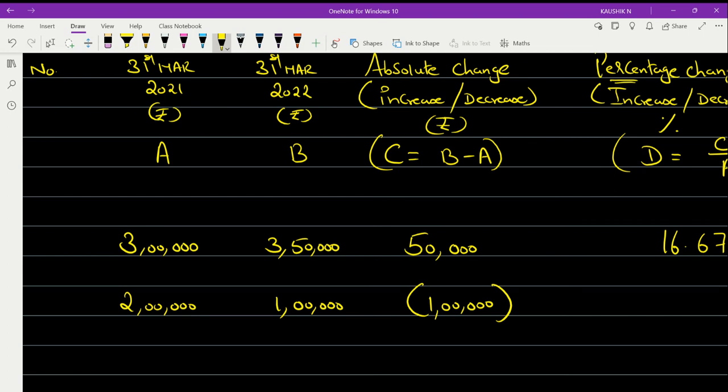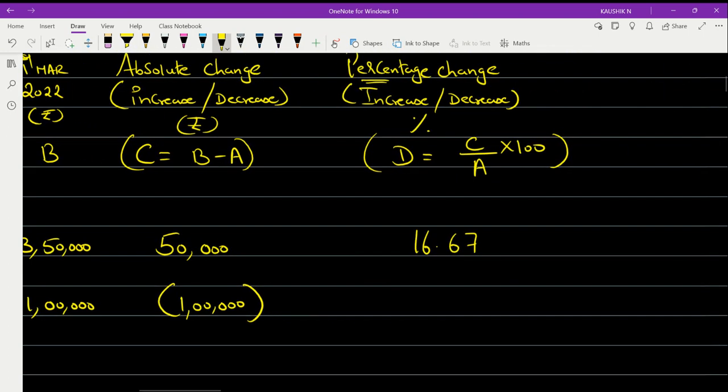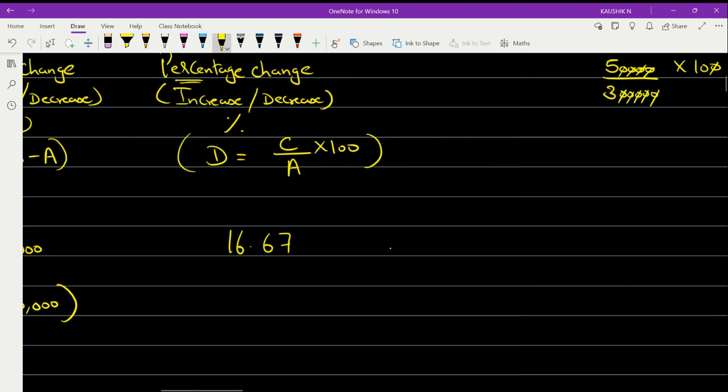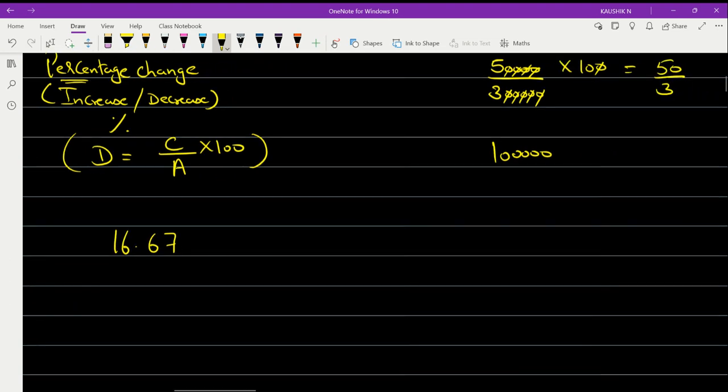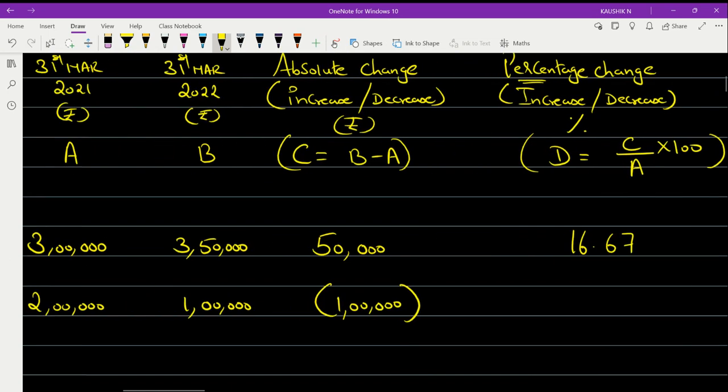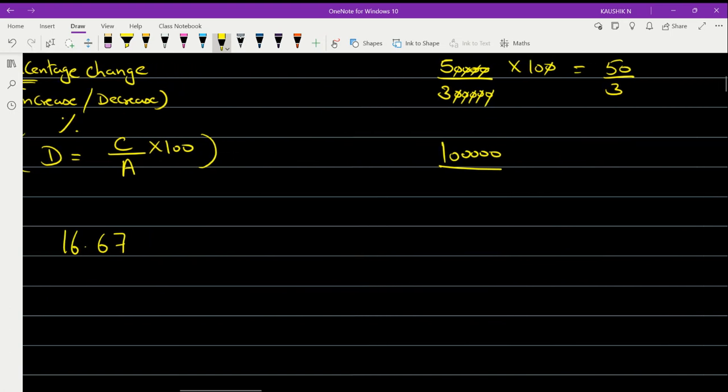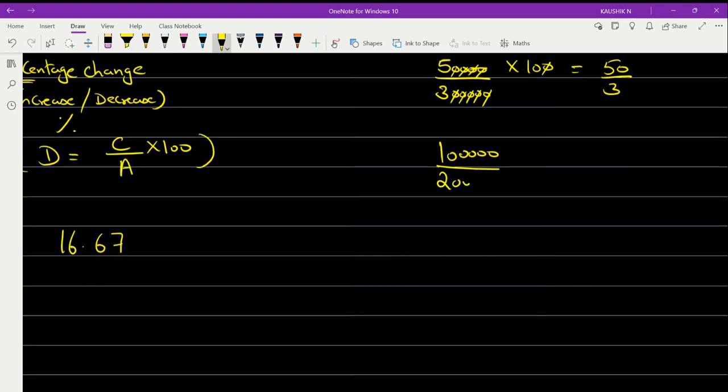Yes, sir. Okay. Now, in the same way, you have to find out the percentage change. So that means 1 lakh. When you are going to do the calculation, here you can take it as positive itself. Okay, don't get confused. Whatever the final answer you get, that you can express in negative. So here 1 lakh divided by 2 lakhs into 100. Common zeros you cancel out, and here 100 will come as 50.